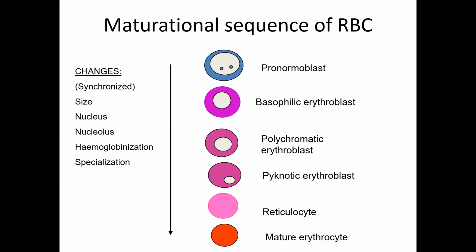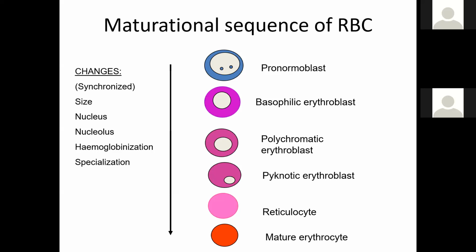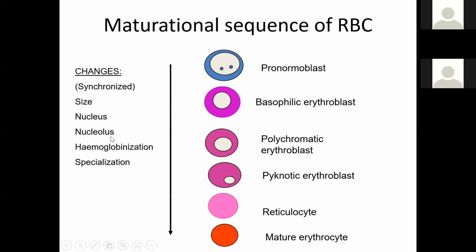During the maturation of this red cell, you'll find that the size of the red cell reduces, the nucleus gets smaller, and finally is extruded, so that your mature red cell does not have a nucleus. And this poses important consequences for the red cell, which we will go into later on. The nucleolus, which is present in the more immature red cell, disappears, and when the nucleus is extruded, of course, there's no nucleolus.